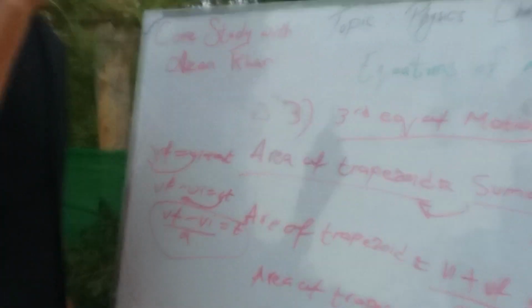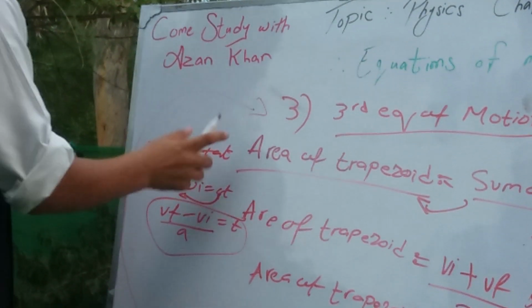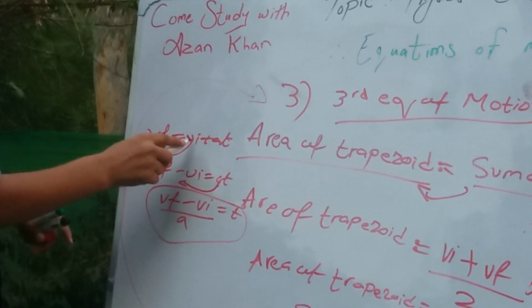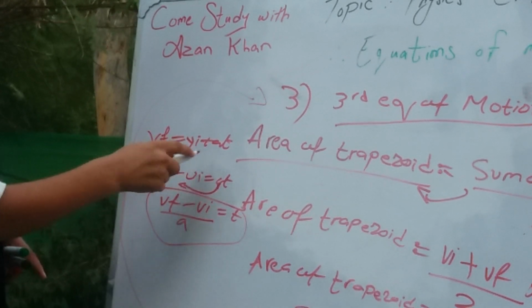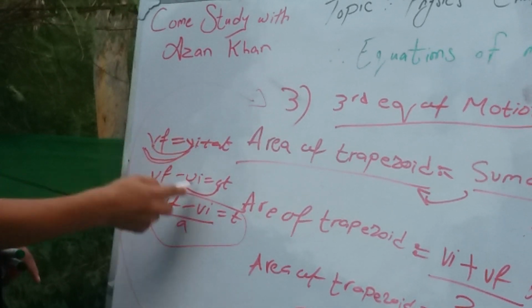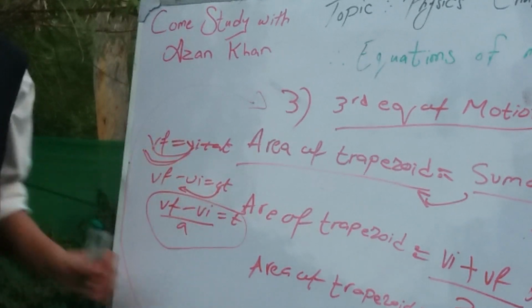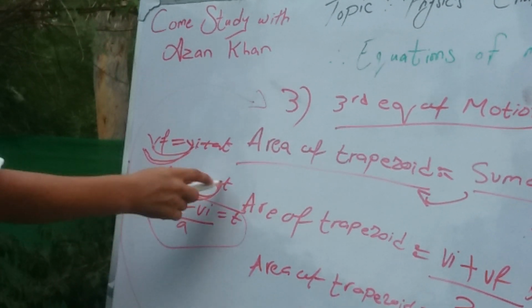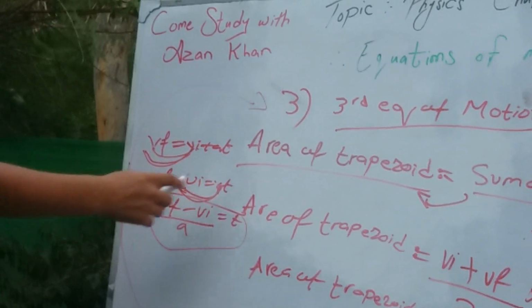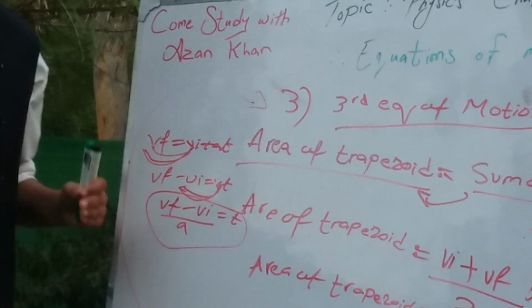From the first equation of motion, Vf is equal to Vi plus at. Now we shift Vi, so Vf minus Vi is equal to at. Then we shift a, which was in multiplication, so it will be in division.